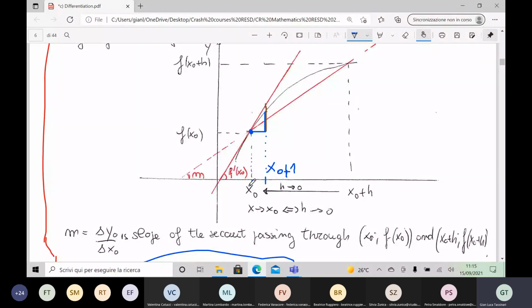Because this change is not computed by moving along the real function, but is the change estimated if you move along the tangent line. So x0 is this one, x0 plus 1 is this one, so go above until you touch the tangent line.